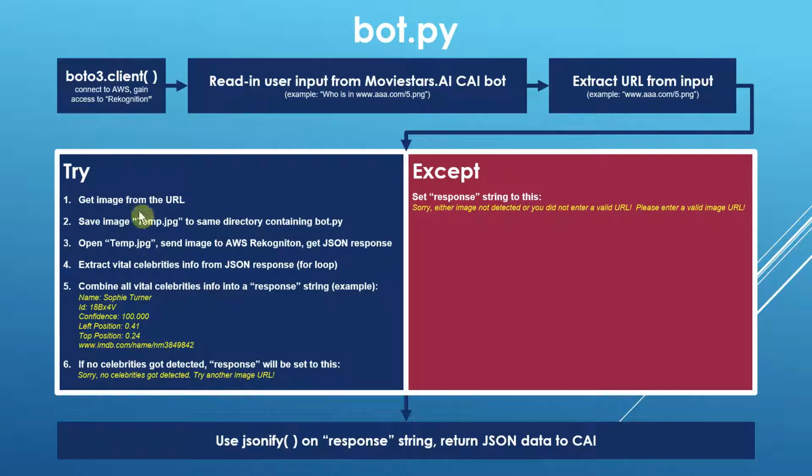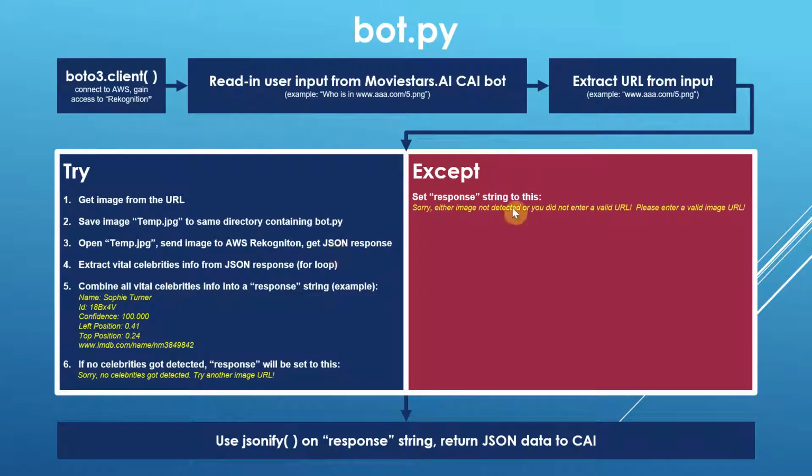But sometimes the URL the user inputs could be something like www.cnn.com. It points to a website, but not to an image. So this try block will fail. We don't want the bot.py program to crash and burn.